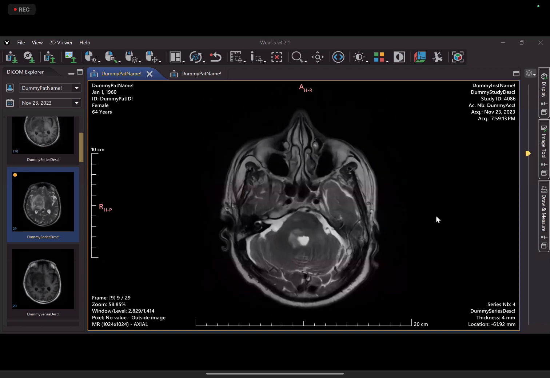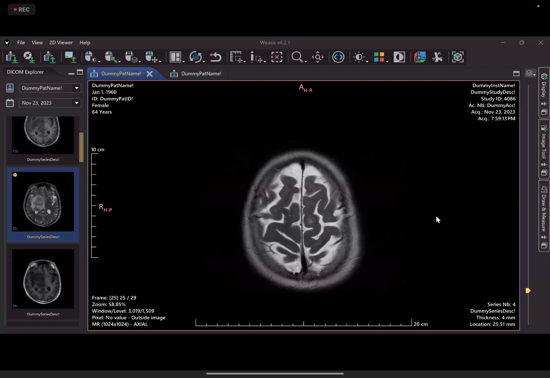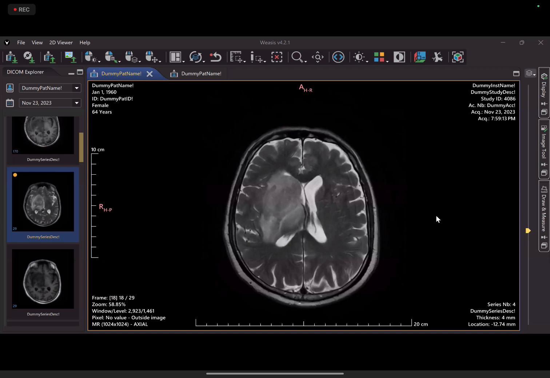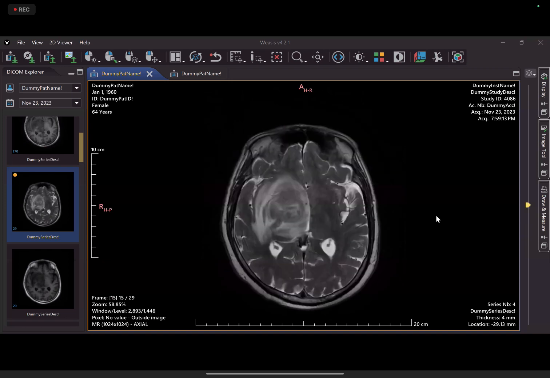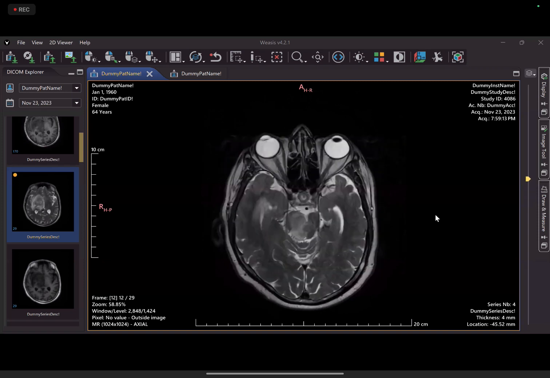I'm scrolling it once and then you can start describing. This is what we see. Please tell me what you are seeing now. Ma'am, there is a well-defined T2 hypointense lesion noted in the right frontal and basal ganglia region with surrounding T2 hyperintense area suggestive of edema.